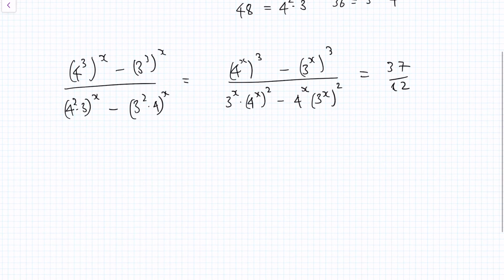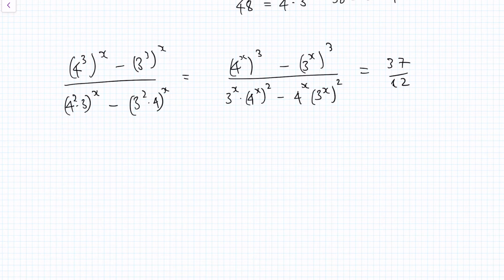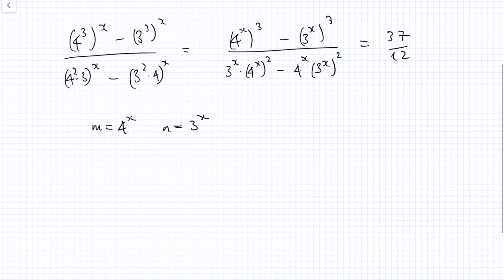So now we can let, for example, m be 4 to the power of x and n be 3 to the power of x. So that implies we have m cubed minus n cubed over m squared minus n squared.